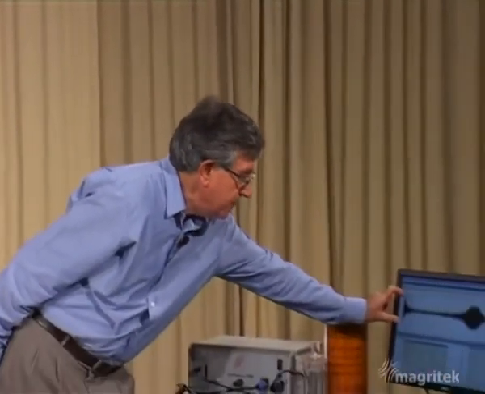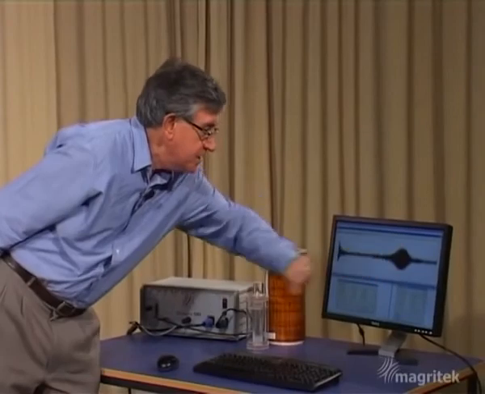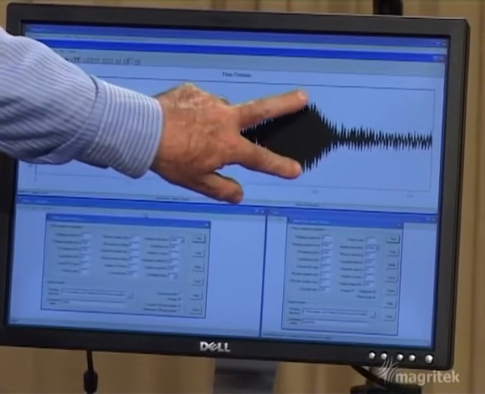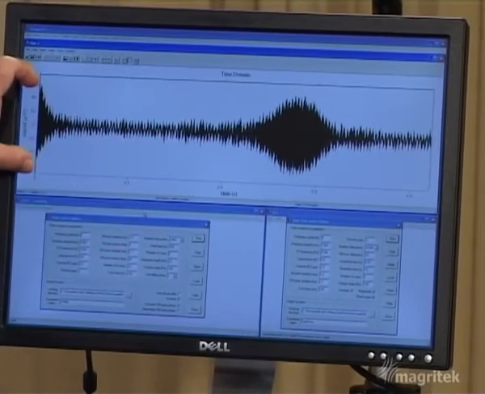Let's go back again to our single echo experiment and see if we can see this T2 process at work. Here's the original FID, and there's the echo. And if you look very carefully, you can see that the echo amplitude is just a bit smaller than the original amplitude of the FID.